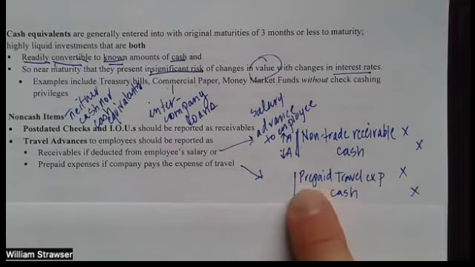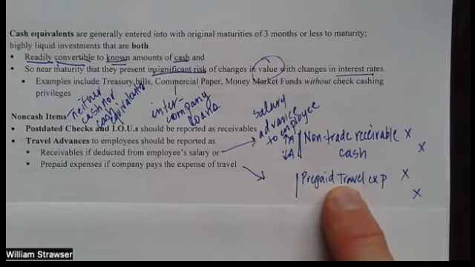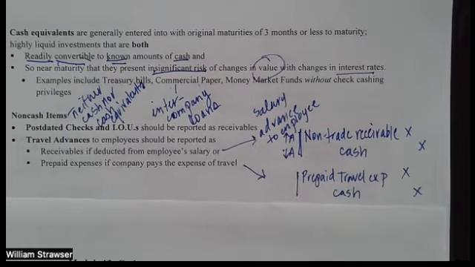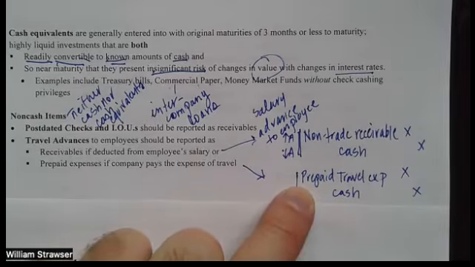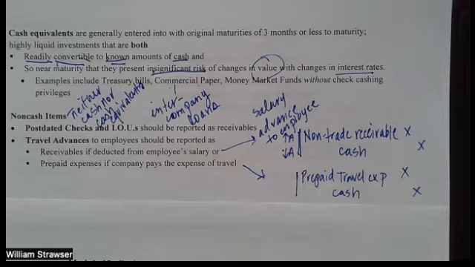Over here, I've only seen prepaid insurance, right? That's all I've ever seen. Well, this is just another type of prepaid. Instead of prepaying insurance expense, I'm prepaying my employee's travel expense.